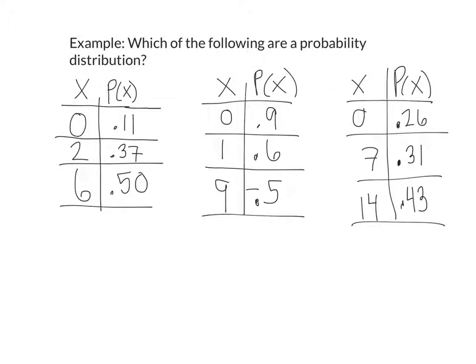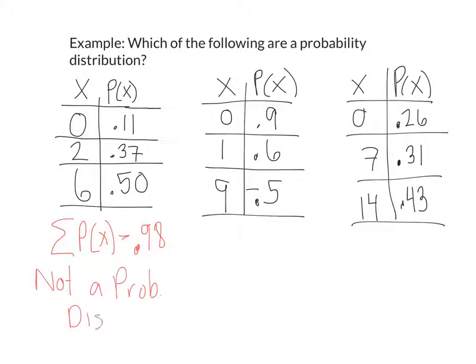So if I find the sum of the probabilities and add all of them together, I get, let's see, 0.11 plus 0.37 plus 0.50 would be 0.98. So because that does not add to 1, this is not a probability distribution.